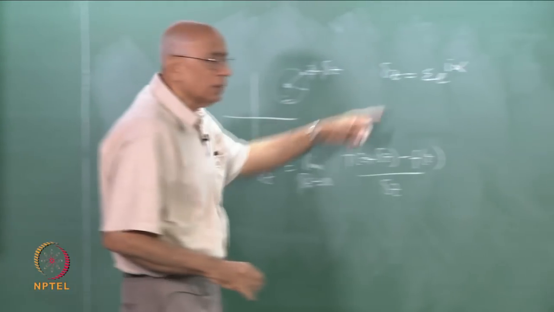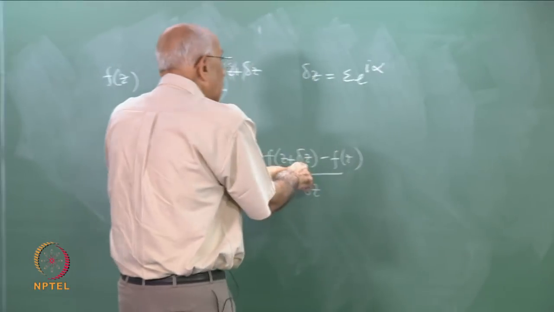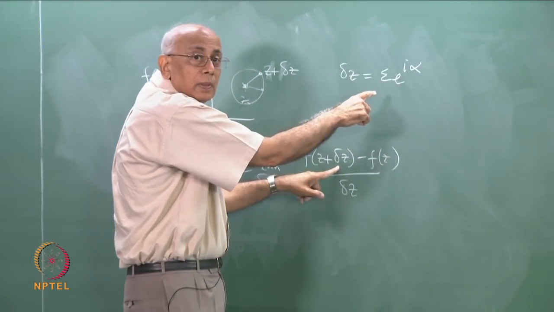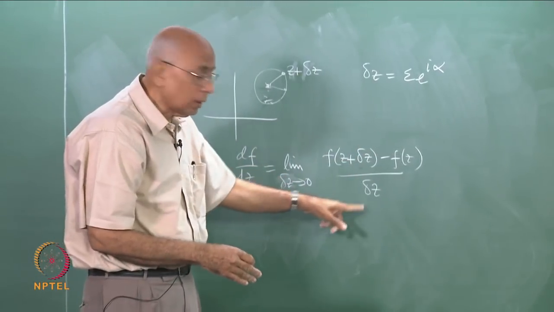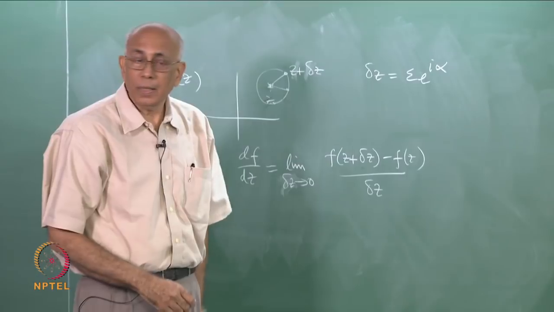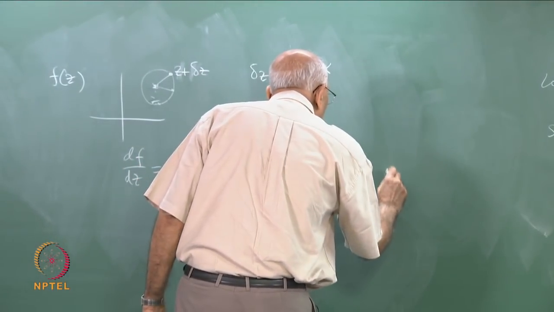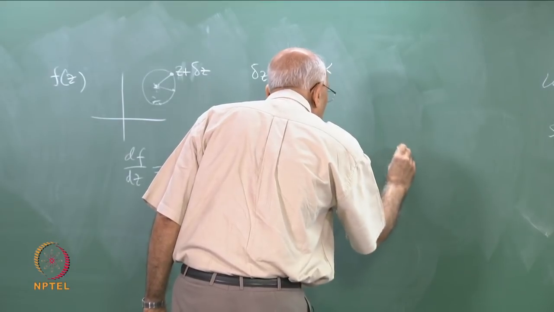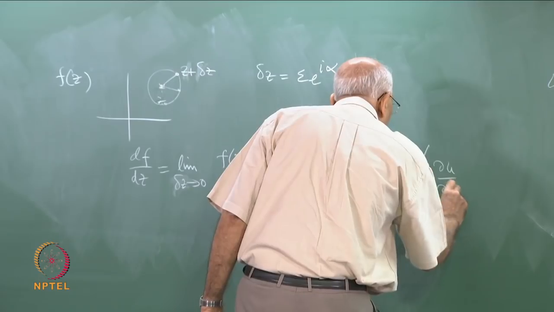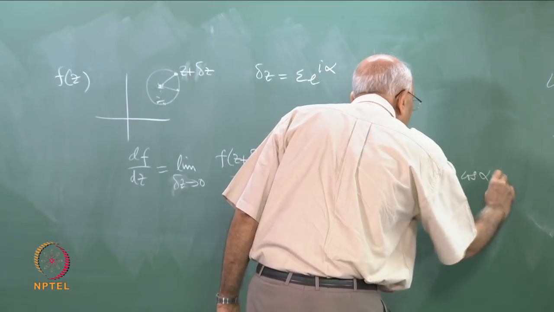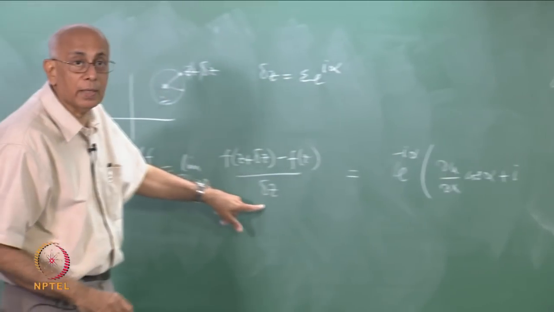Then I plug that in here and I work this out, I write z and delta z as this and I am going to write z as x plus iy, ditto here, and then work this out, write out the derivatives etc., and then it turns out that this becomes equal to e to the power i alpha and then delta u over delta x cos alpha plus i e to the minus i alpha, because delta z is in the denominator.